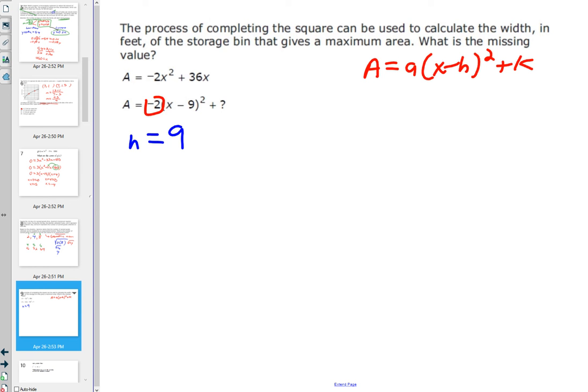You see how this -2 is on the outside? I would have to bring it out up here too. This would be -2 times x squared minus 18x. Have I lost anybody yet? If I factor that out.